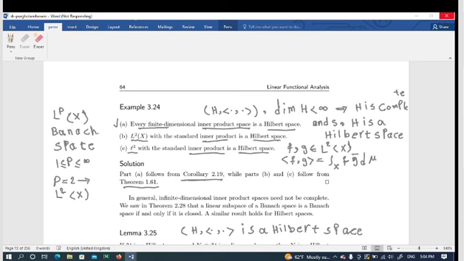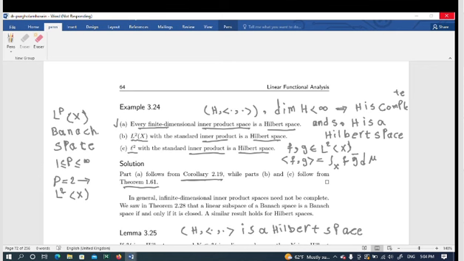Another example is l^2 with a small l, as opposed to capital L. This is the space of sequences.